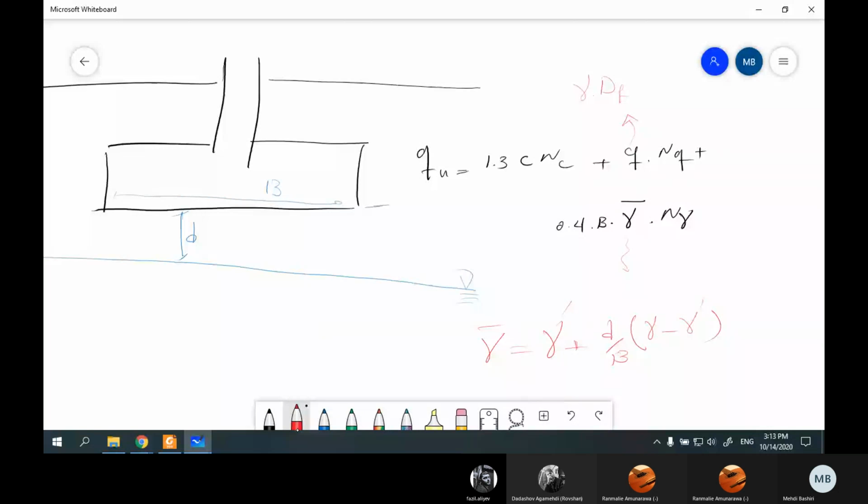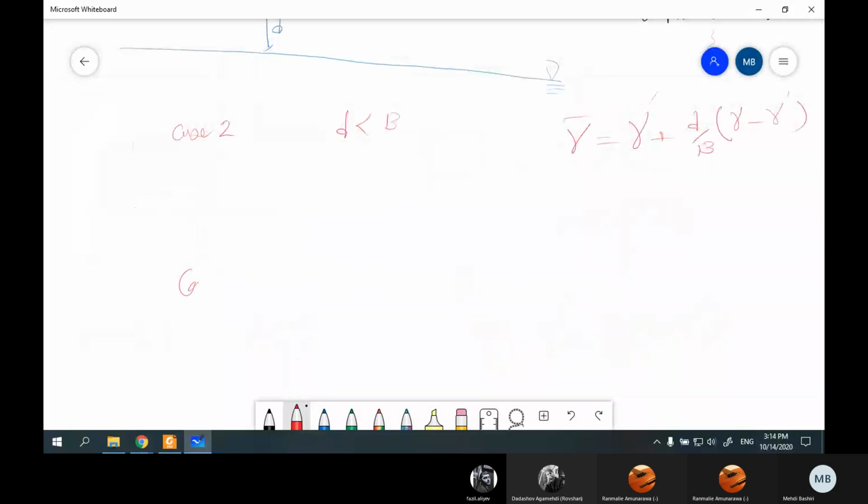Okay, so this is for case 2. What was case 2? The distance d is less than B. For case 3, d is more than B.